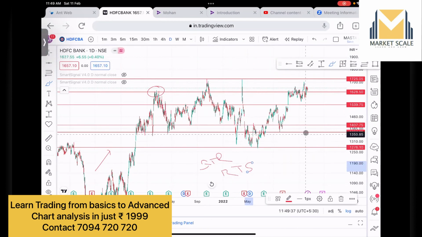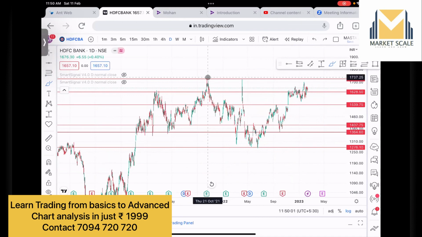Now the 1539 will be considered as what? Support. But from here, if you are looking from this point, now the 1539 is what? Resistance. So this is called support turned to resistance and resistance turned to support.